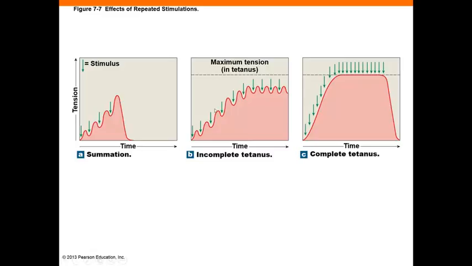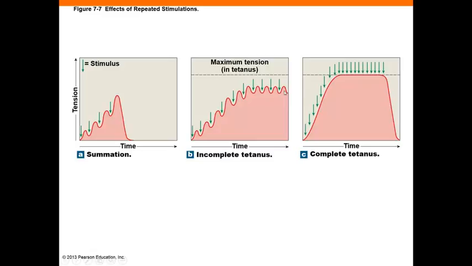Okay, over here we have an example of incomplete tetanus. So this is going to occur if the stimulus frequency increases even further, and the tension production will rise to a peak, and the periods of relaxation in between are very, very brief. So we need to maintain that tension for a longer time. Okay, so this is an incomplete tetanus where you're having the relaxation phase begin, but then you're receiving another stimulus to maintain that tension.